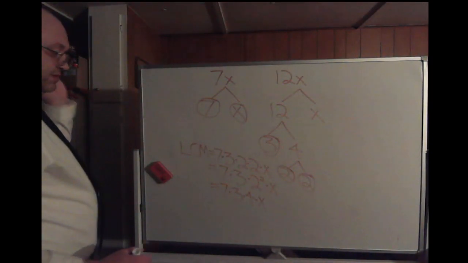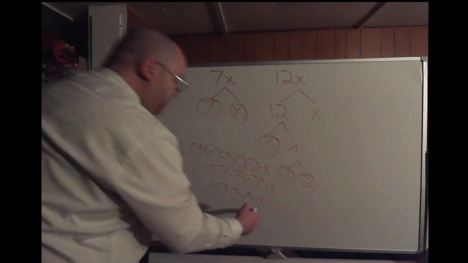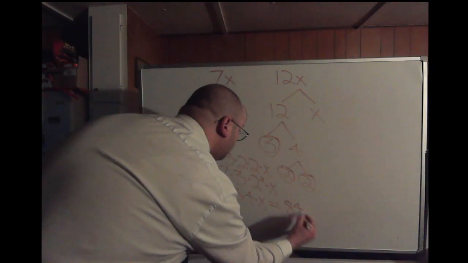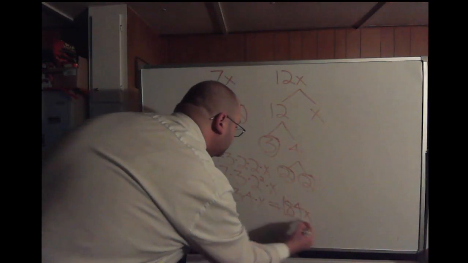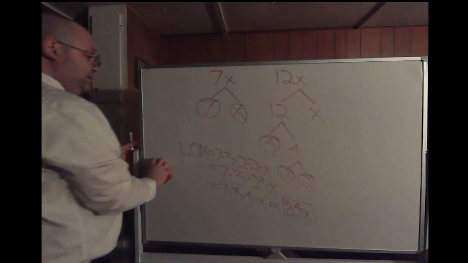So we do the multiplication. 7 times 3 is 21, times 4 is 84 times x. That would just be 84x. So the least common multiple is going to be 84x. That's exactly what you would get.